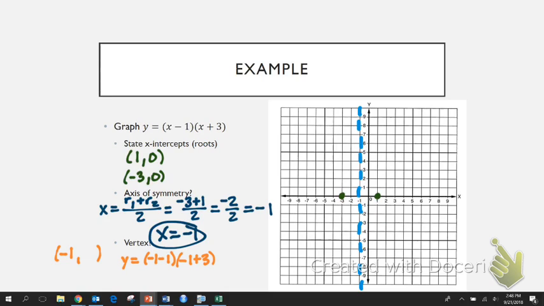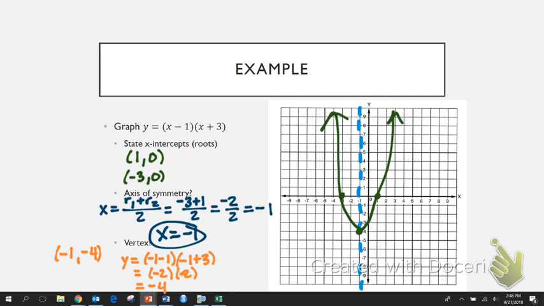The y value we have to plug in and solve. So we have -2 times 2, which is -4. So my vertex is at -1, -4. Right here. And I make my u.